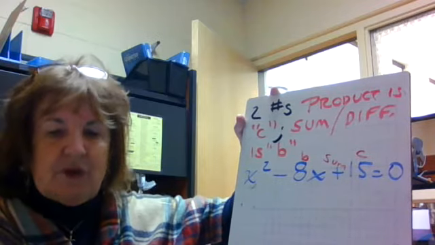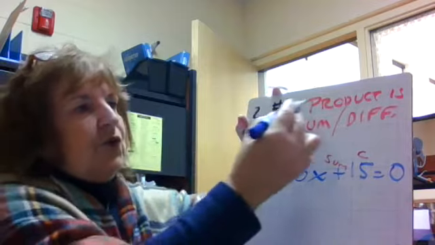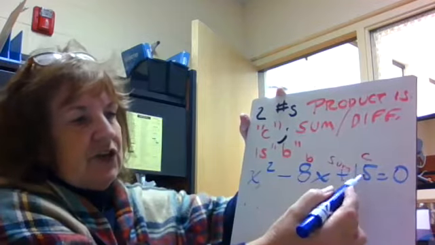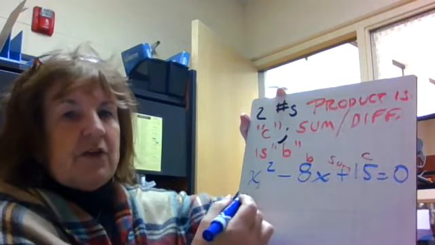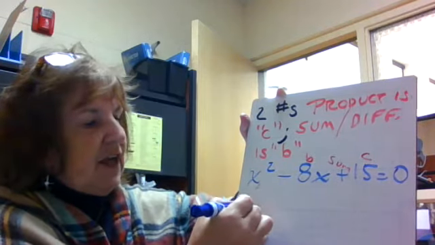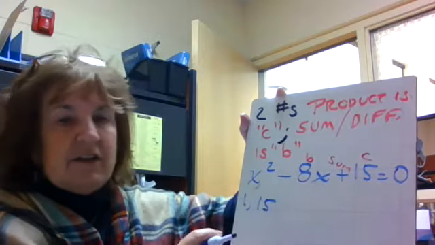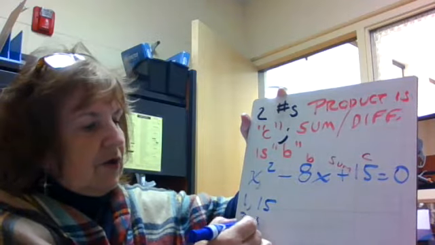So I want two numbers whose product is C, two numbers that multiply to get 15. Well, the only numbers that multiply to get 15 are 1 and 15 or 3 and 5.